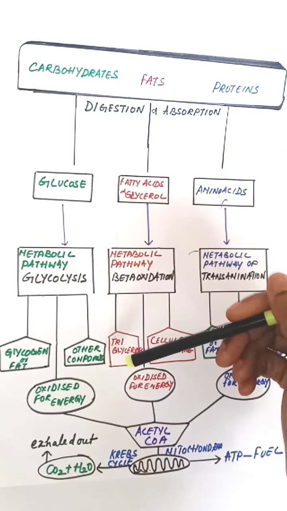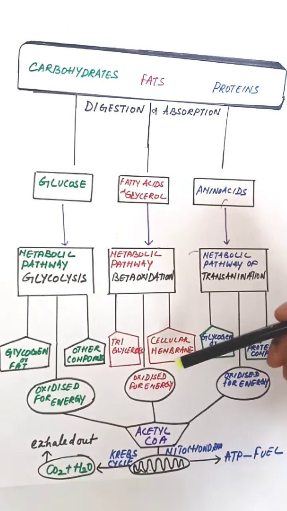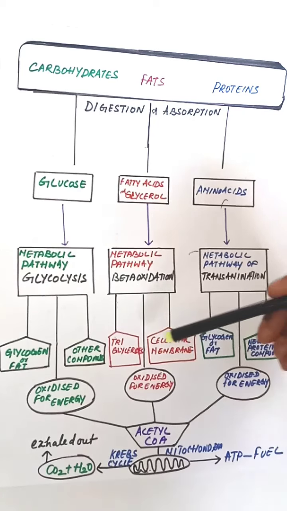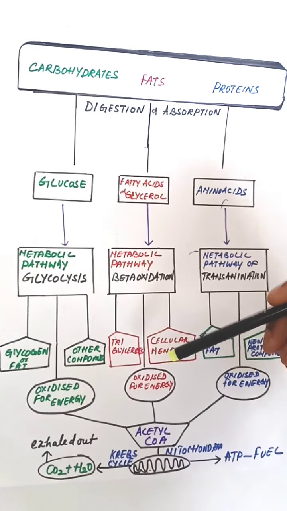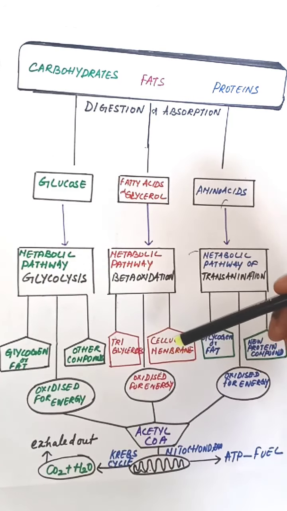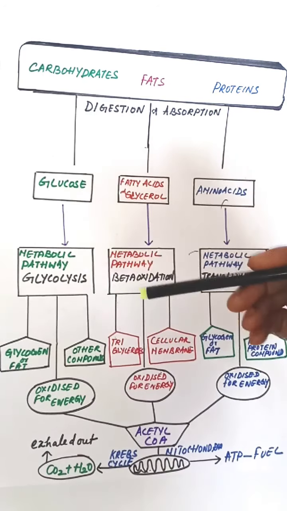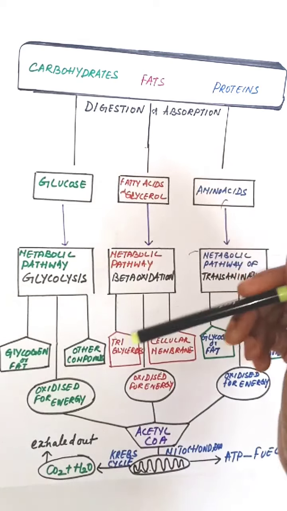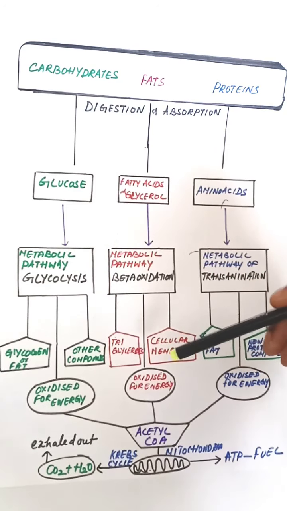Part of them is required for cellular membrane synthesis. We all know the cellular membrane is made of lipids. So wherever our body needs lipids, these fatty acids are used for synthesis.